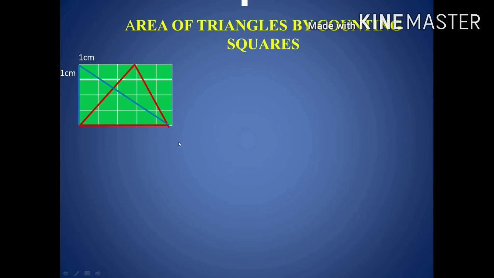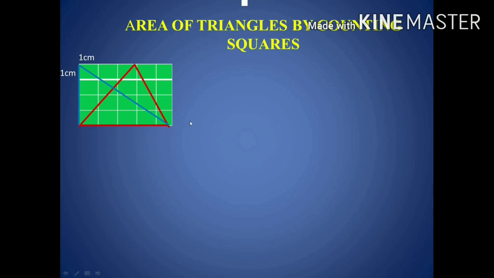Now we calculate the area of this rectangle. So first we count the squares in first row. 1, 2, 3, 4, 5. Then 1, 2, 3, 4.